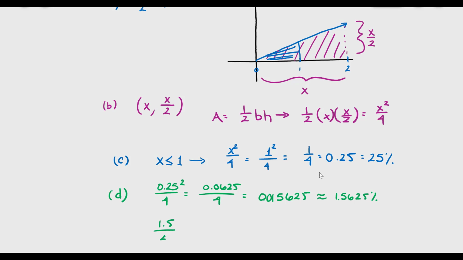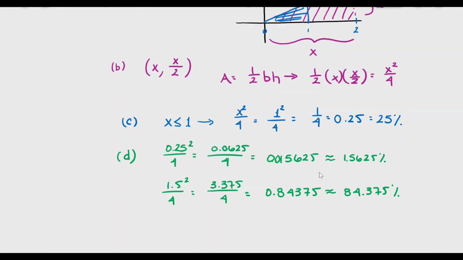Then we want to also figure out what is to the left of 1.5. So we do 1.5 squared, which is 2.25. We divide that by 4, and we get 0.5625, which is approximately 56.25%.